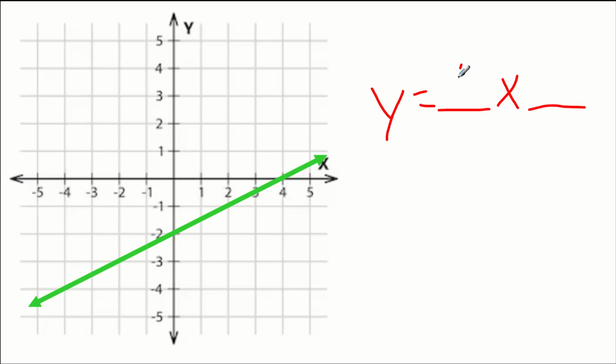Yeah, so we got y equals 1/2 x minus 2. For the most part, we're going to get them in slope-intercept form when we're trying to find the equations. Generally, that's going to be a bit easier.